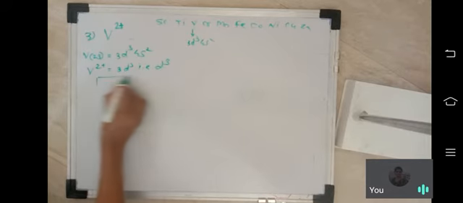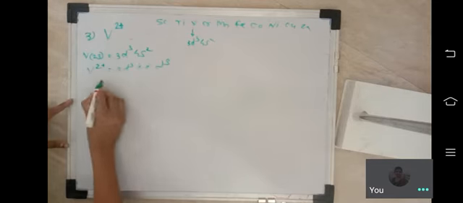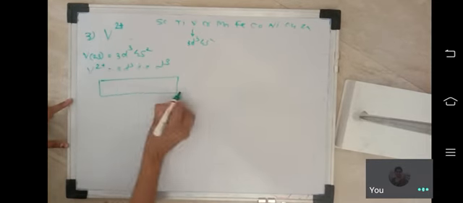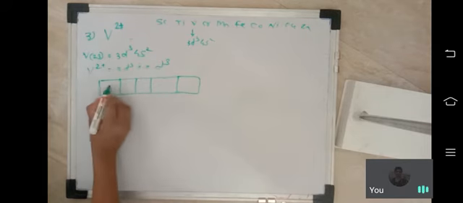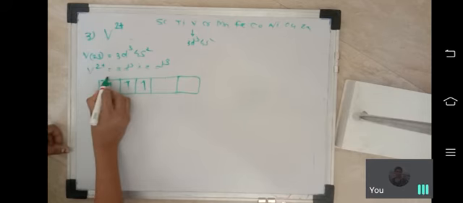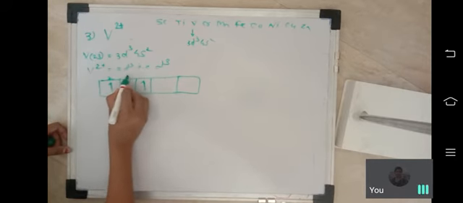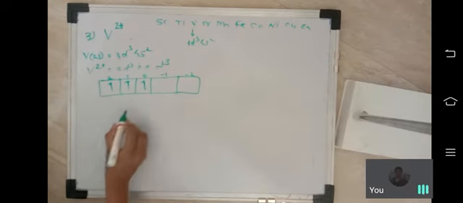You just put the electrons in the d orbital: 1, 2 and 3. Here 3 electrons are there, singly filled. Again you write the values of l: 2, 1, 0, -1, -2.